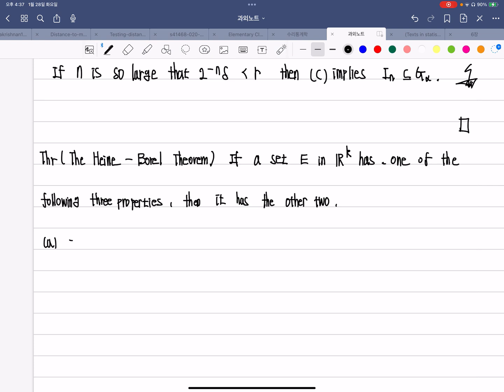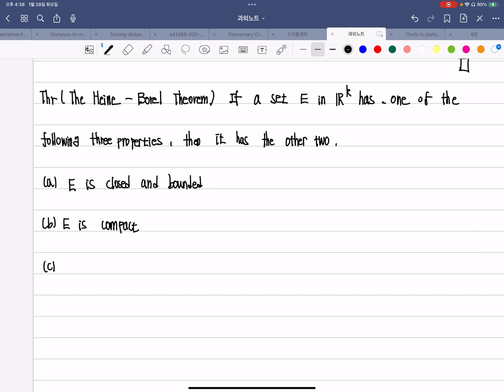A, the set E is closed and bounded. B, E is compact. C, every infinite subset of E has a limit point in E.